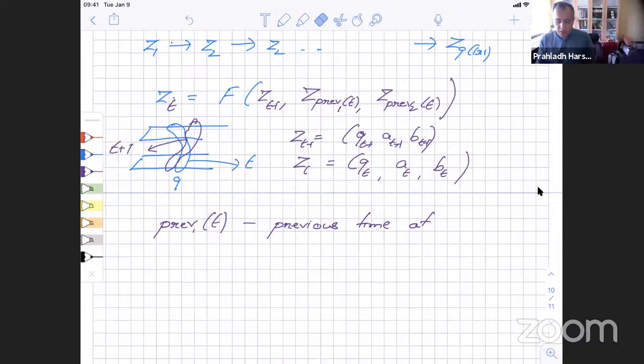So once again, to know QT minus 1, AT minus 1, BT minus 1 is sufficient. You can find out what QT is. The transition function tells you.